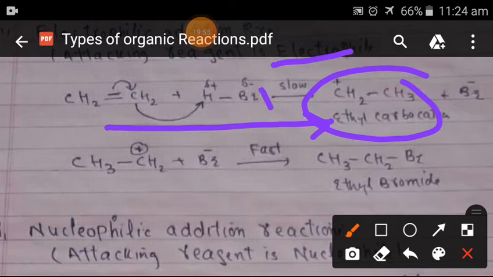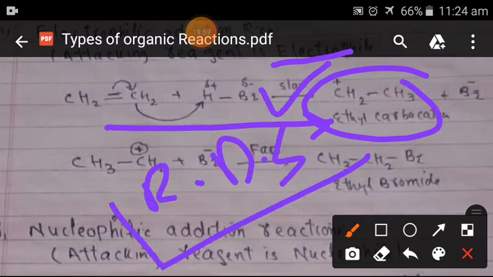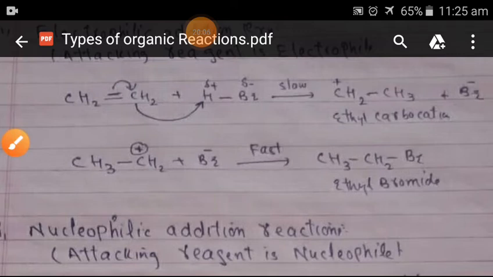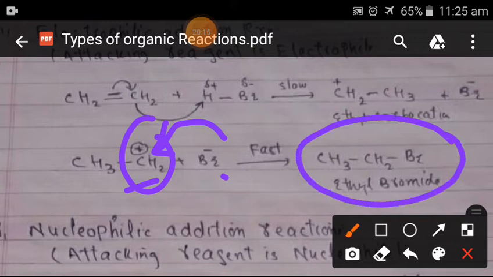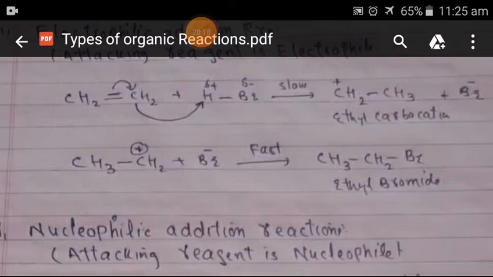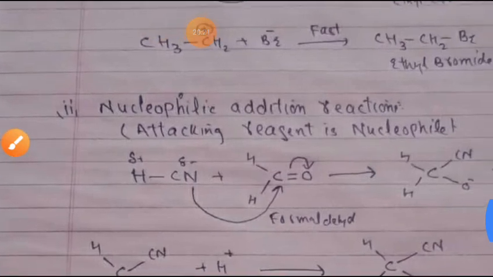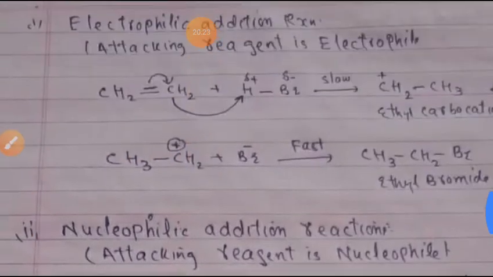This is the slow step, the rate determining step. The rate of reaction will depend upon this step, not the other one. That is why it is called the rate determining step. In the second step, the carbocation is attacked by the bromide ion, and the resulting product is ethyl bromide.